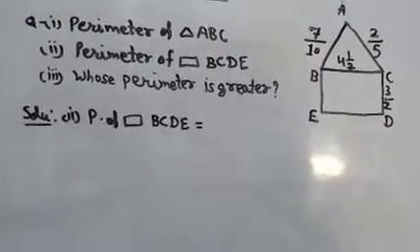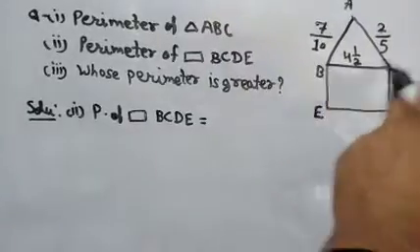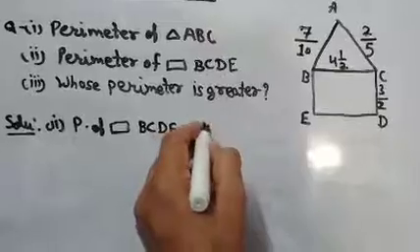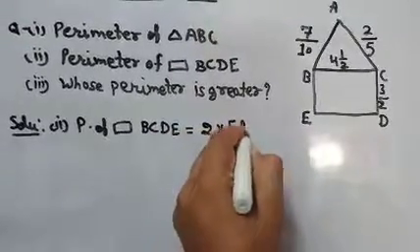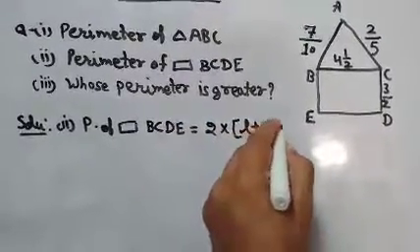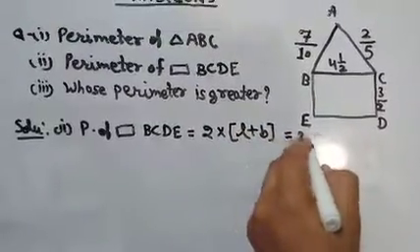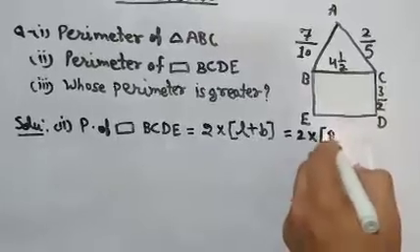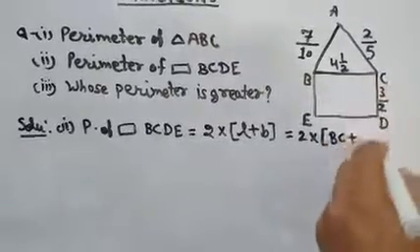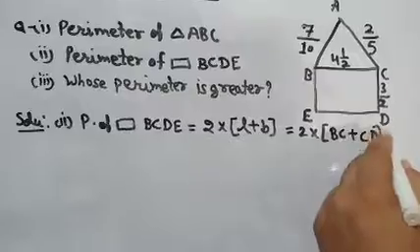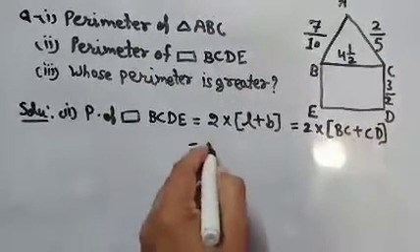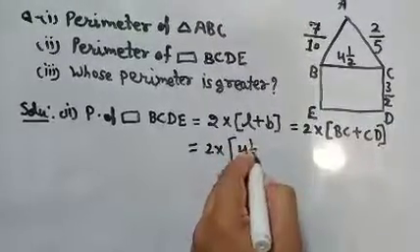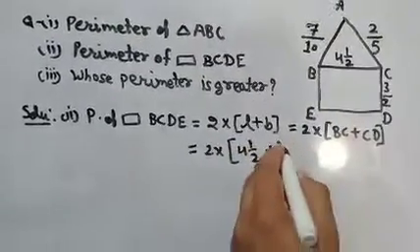So student, the second geometrical figure is the rectangle BCDE. We have to find the perimeter of rectangle BCDE. The formula is 2 into length plus breadth, where the length is BC, equal to ED, and the breadth is CD. Now substitute their values. 2 into the length BC, which is 4 whole 1 by 2, plus the breadth, which is 3 by 2.